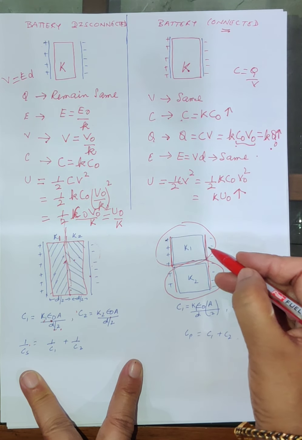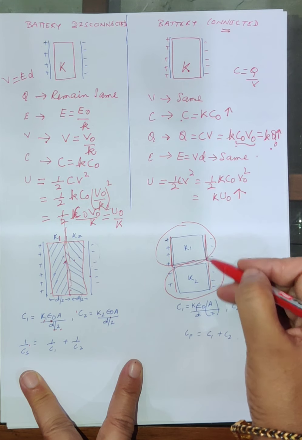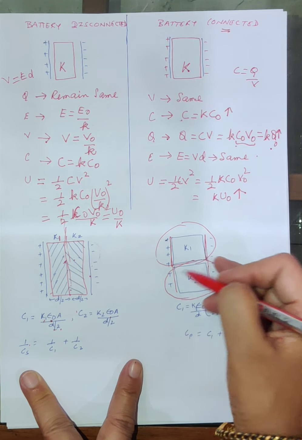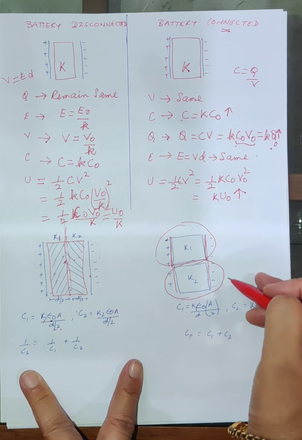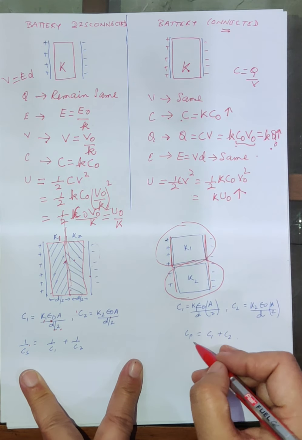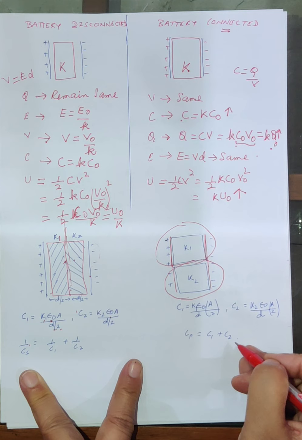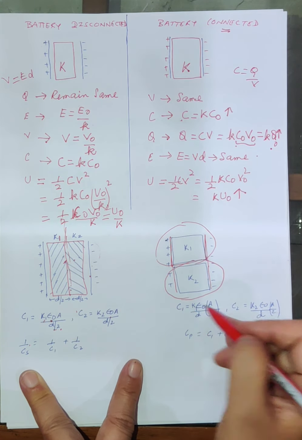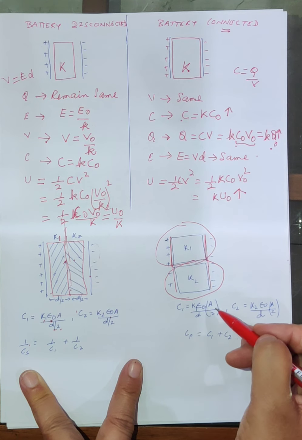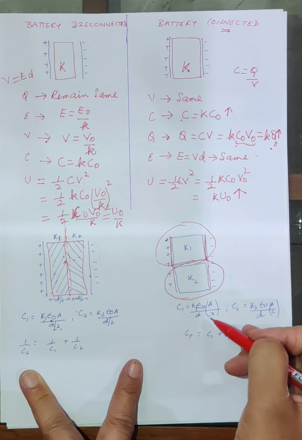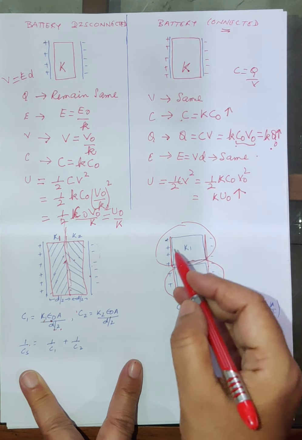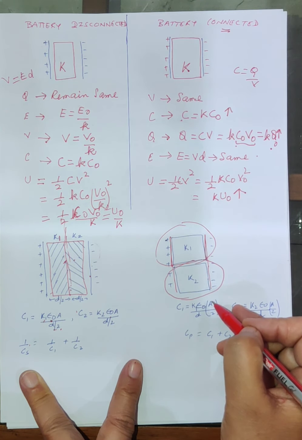Is it clear? This is one capacitor and this is the second capacitor. The negative plates are connected together, and the positive plates are connected together. So that means they are connected in parallel. And in parallel you know that Cp is equal to C1 plus C2. But what is my C1 and C2 in this case? Now C1 will be, again the formula is K1 epsilon naught A by D. Here the D remains the same, but now my area becomes half.